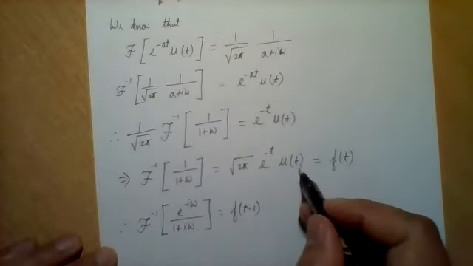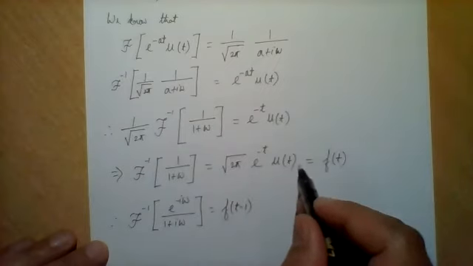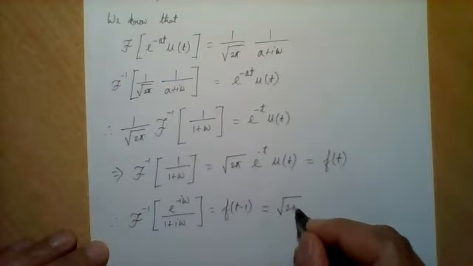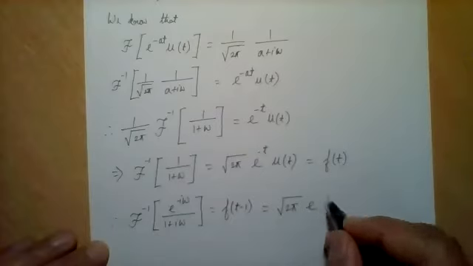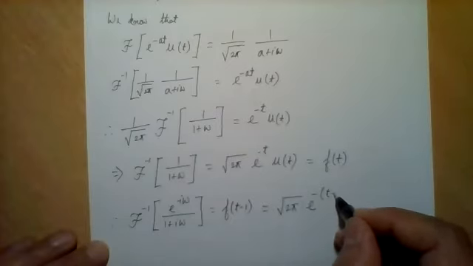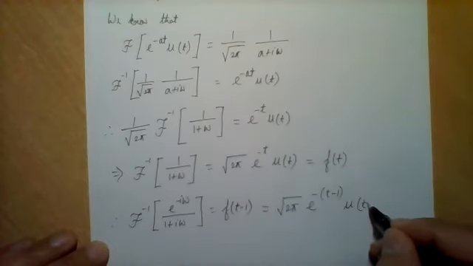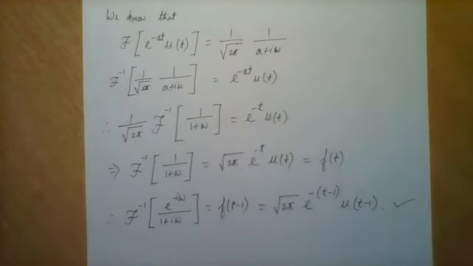Now, if I replace t by t minus 1 in each of these terms, this is equal to root over twice pi e to the power minus (t minus 1) multiplied by u of t minus 1. So this is the final answer. We have simply applied the shifting property.